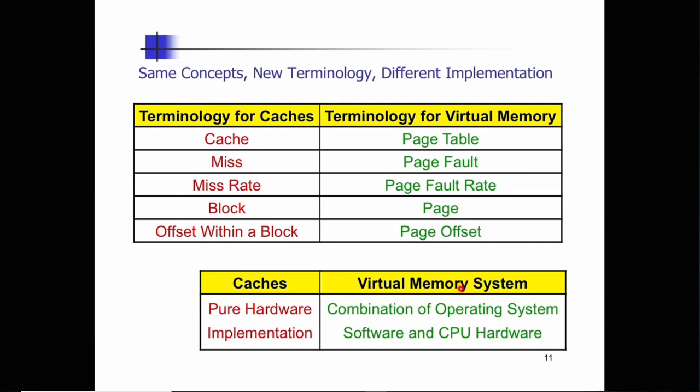A virtual memory system is a combination of an operating system, software, and CPU hardware. It is supposed to be very big. Alright, so these are some things we can compare between cache and virtual memory system. We will start talking about page tables, page faults, and the corresponding performance of virtual memory in the next lecture.